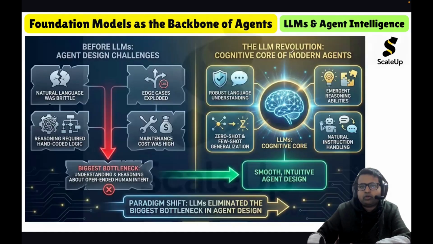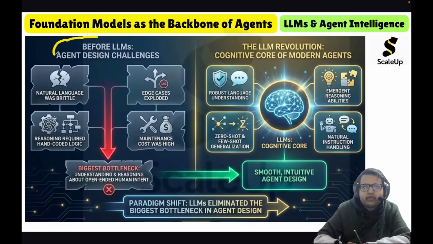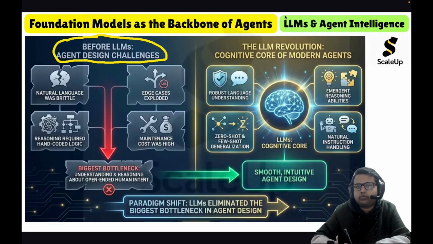LLMs and agent intelligence. Before large language models, agents were very theoretical. The agent was just a theoretical concept. Why was it so? Because before large language models, understanding natural language was very tough. Natural language processing was brittle, because we made rule based systems to interpret natural language, and those rule based systems were very brittle.